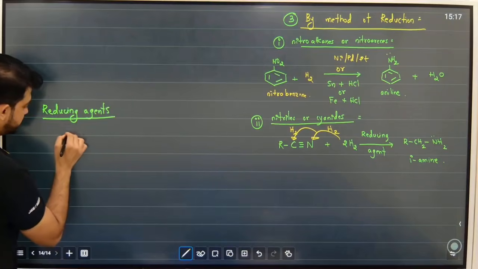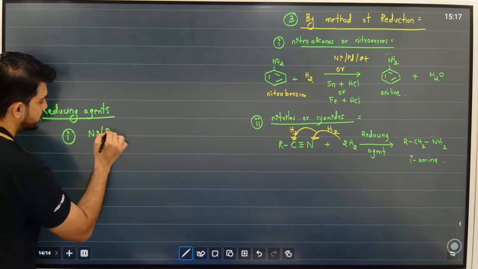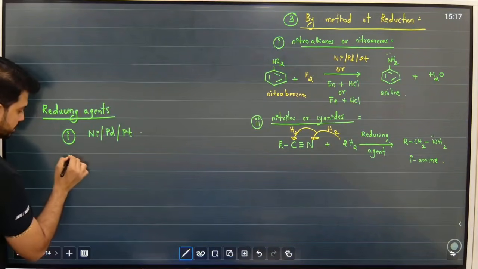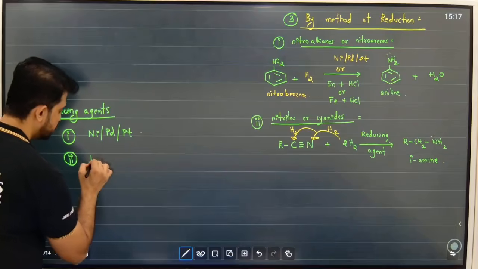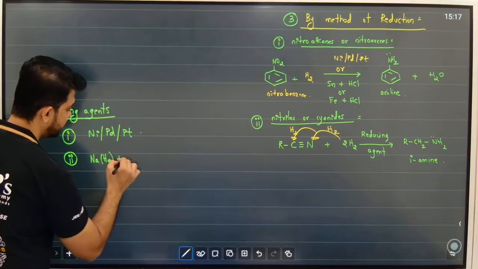So the first reducing agent that we can use, students, is the same: we can have catalytic reduction using nickel, palladium and platinum. We can use sodium amalgam and ethanol.